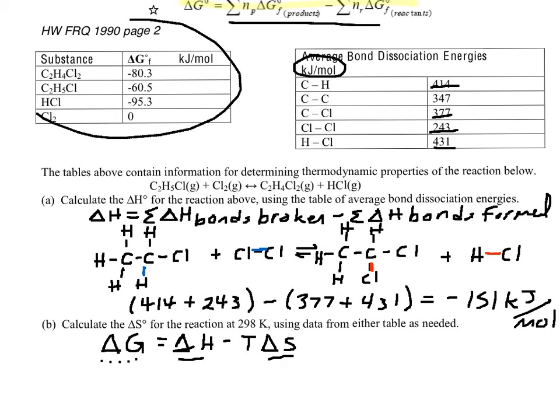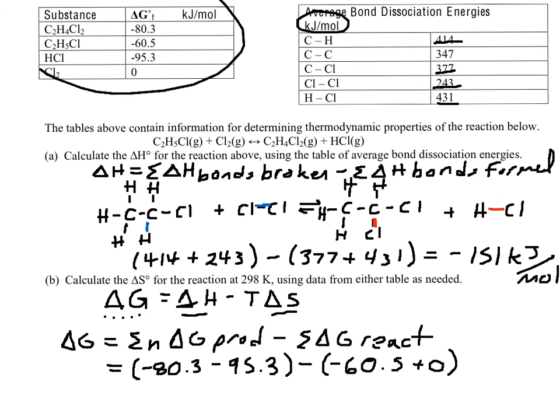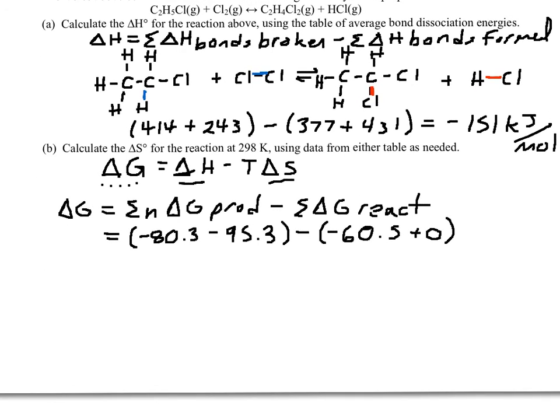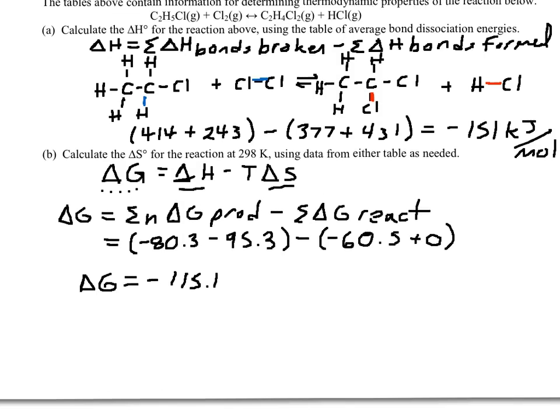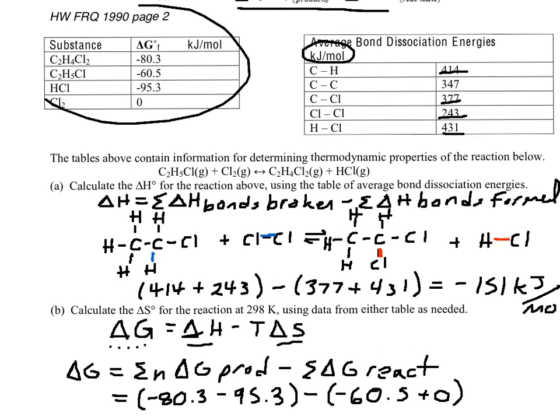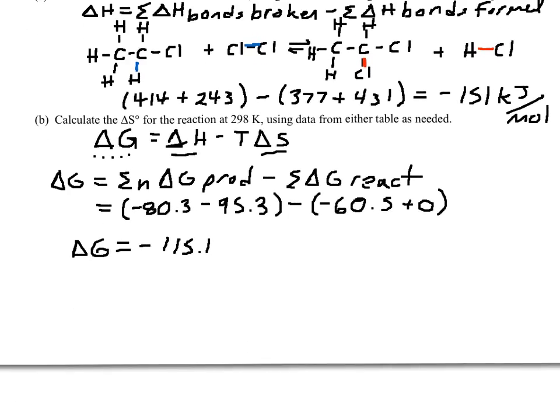So let's start with the delta G's of formation. Plug those in. Okay, so here's my equation here, and then if I go through and solve this, I'm going to get negative 115.1. The units are whatever these units are up here, so that's kilojoules per mole. And now that I have this, I can go ahead and plug these into this equation here.